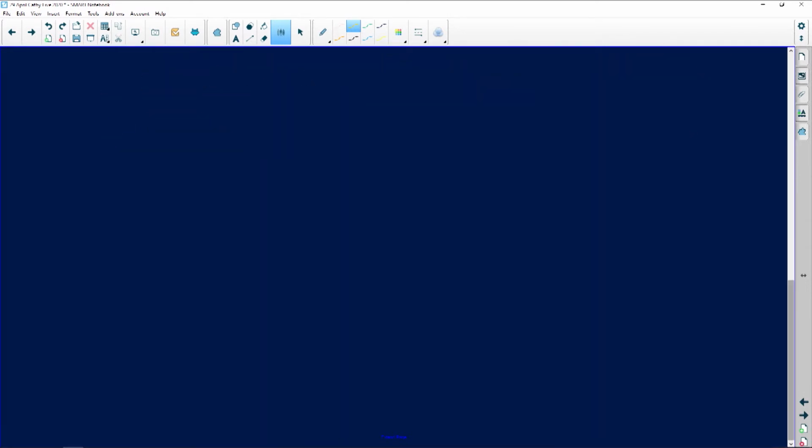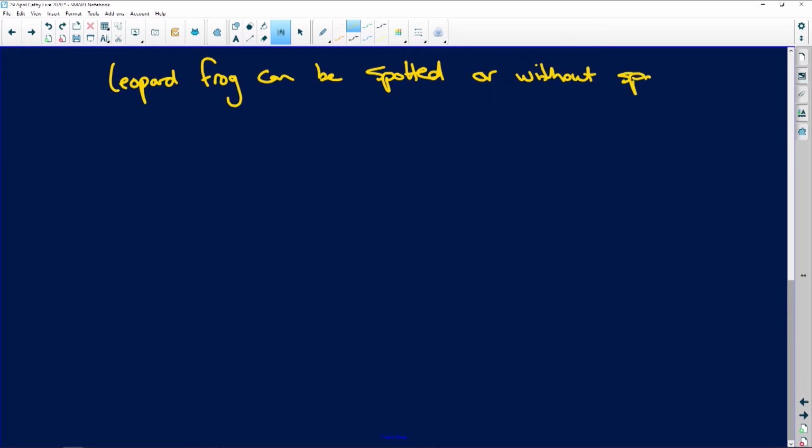All right, now, the second question talks about a leopard frog. This leopard frog can be spotted or without spots.